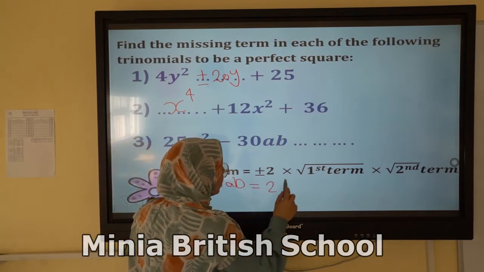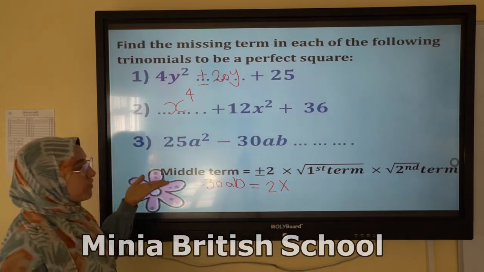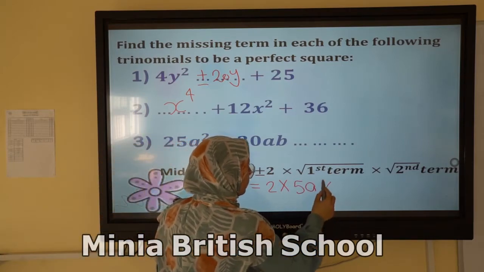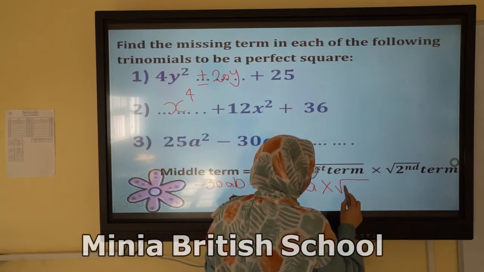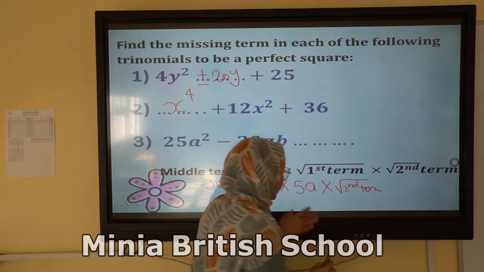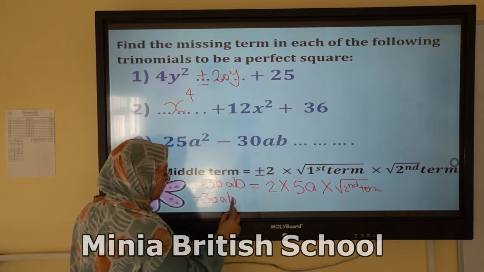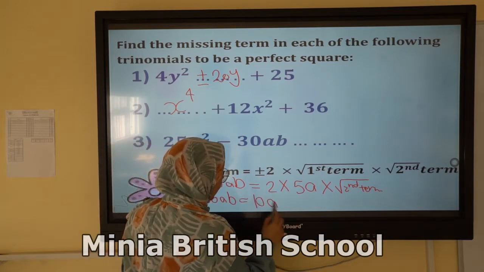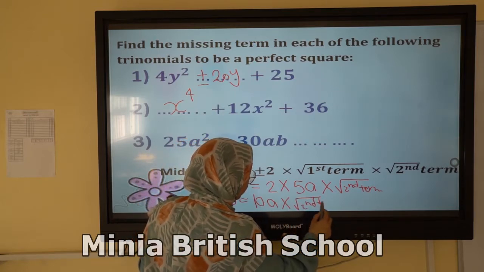Equals 2 times square root of the first term, 5A, times square root of the second term. Now you can simplify it. Negative 30AB equals 2 times 5 equals 10A times square root of the second term.